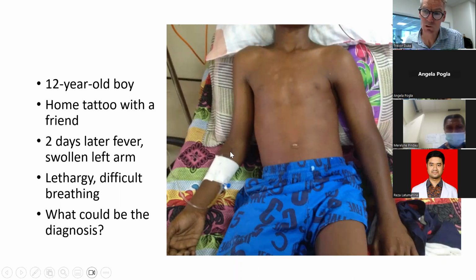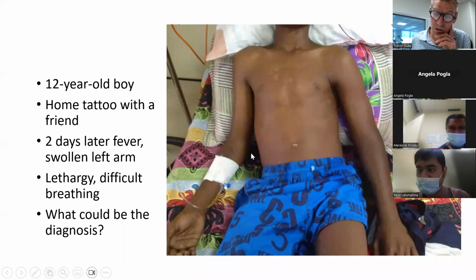He just tattooed a little cross on his arm, and a week or so later, a few days later, he got a fever and a very swollen arm. It was the other arm that was swollen, interestingly, not the arm that was tattooed. And then he presented with lethargy and great difficulty breathing. I think you can see from this photograph how swollen his left arm is. And the right arm with the tattoo wasn't very swollen, but he looked very unwell.